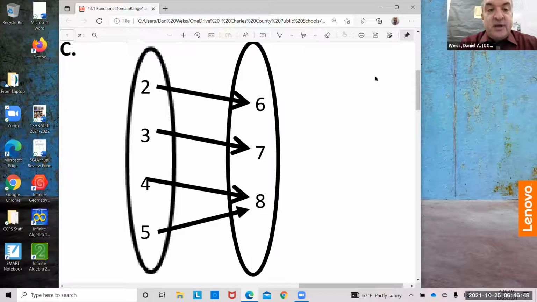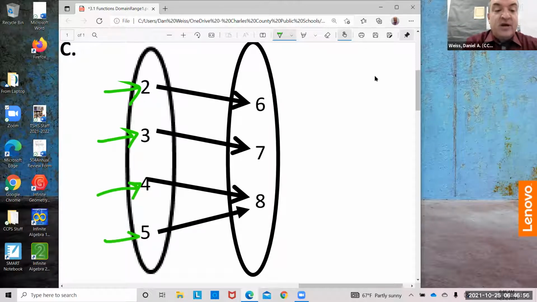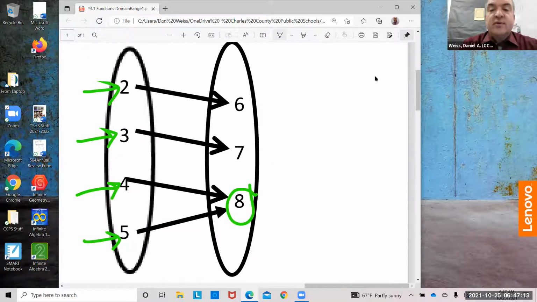This is a function because the 2 comes once, the 3 comes once, the 4 comes once, the 5 comes once. Now the 8 repeats, but that's okay. The y values can repeat. It's just the x values. As long as the x values do not repeat, it's a function.